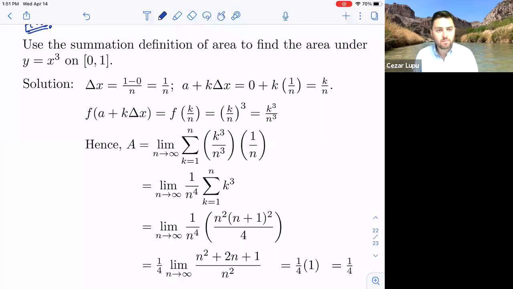You're going to divide, again, the interval into n subintervals of equal length.